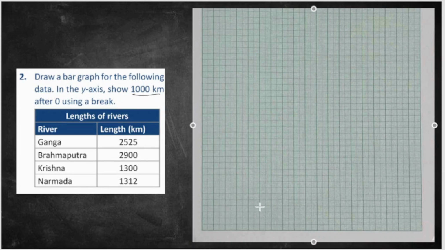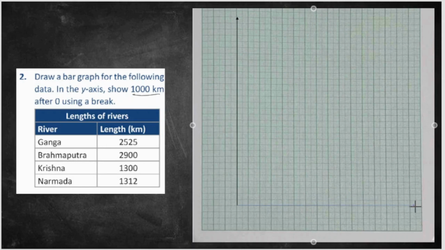On the left bottom we will always start. So this will work as the y-axis. Yes. Now I'll draw the x-axis, because the first step is to draw the axis.